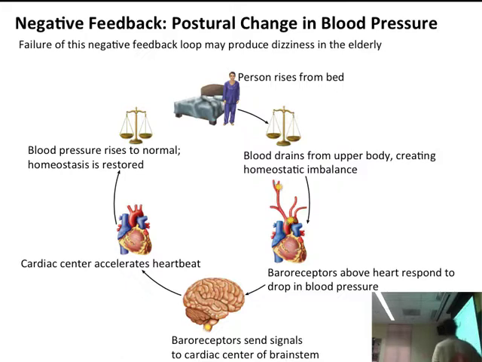People get a little woozy, but the baroreceptors above the heart, in the aortic arch and the carotid bulb, turn on. Baro just means pressure receptors, and they send a signal to the brain to speed up the heart. The brain sends a signal to the heart. The heart starts pumping a little bit faster to get that blood pressure up.